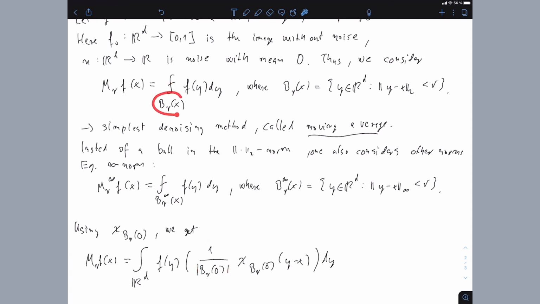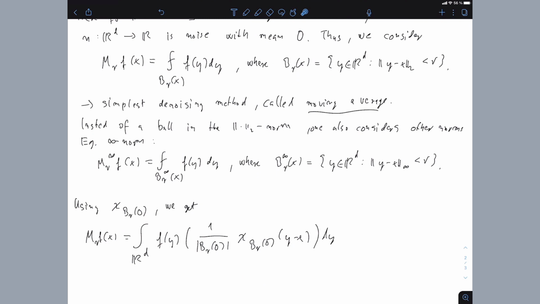Now this limits the integration domain to the ball centered at x. So now we are integrating everywhere, we're just putting zeros outside the ball. It would be immediately clear if we had the ball centered at x. Now I have the ball centered at 0, but we are just adjusting the argument here. So this here is mapping x to 0, so we only have this characteristic function.